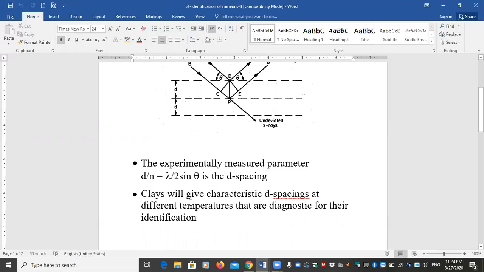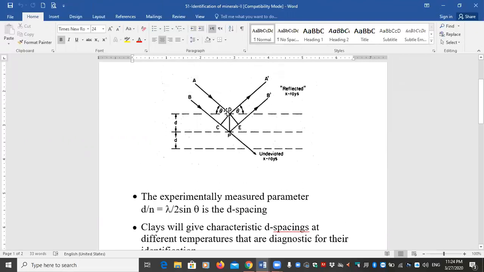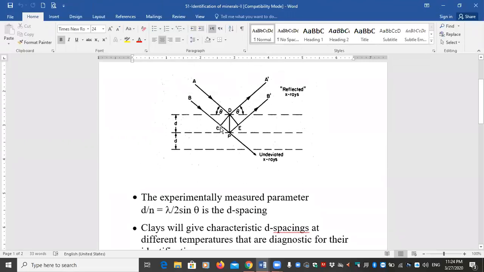Remember, I told you, read how the different temperatures will affect them when you treat them at different temperatures. This D will change, and so we can see what's happening based on the type of mineral we are dealing with. So from what's happening, we can also determine the type of minerals.